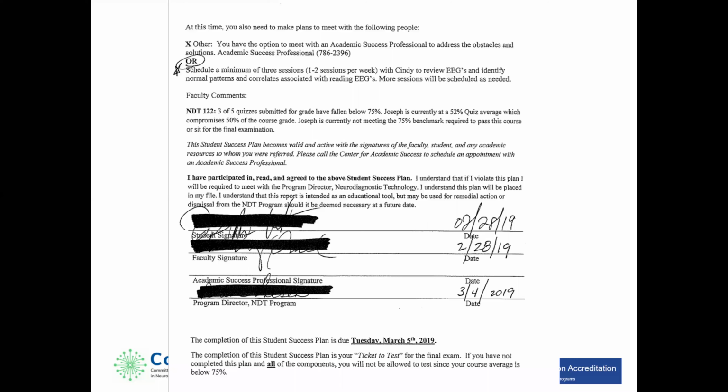So the faculty made the comments there about his grades, and he was not meeting our benchmark to sit for the final. And after meeting with those, you can see at the very bottom, here's our ticket to test.